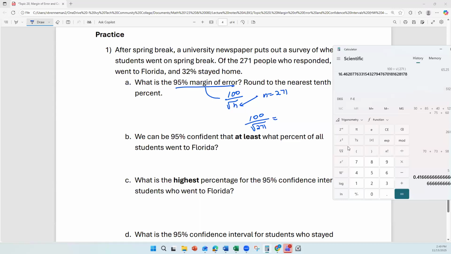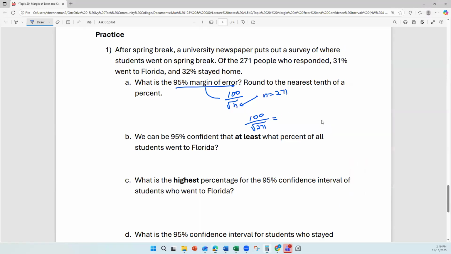You can probably do the square root and then the 271. Make sure on whatever calculator you are using that you can get this answer. 100 divided by square root of 271 is 6.0745, etc. We will round that to the nearest tenth of a percent. It's already a percentage. So 6.1% for our margin of error.